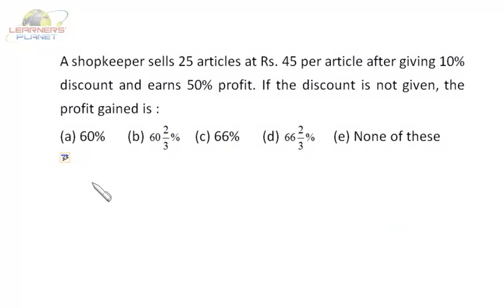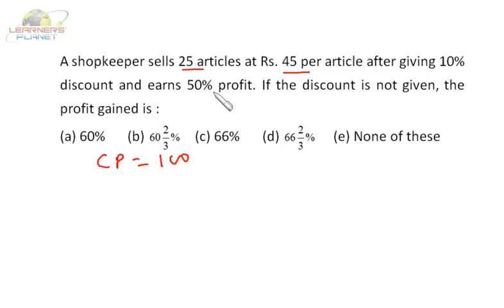Further, a shopkeeper sells 25 articles at rupees 45 per article after giving 10% discount and earns 50% profit. If the discount is not given, the profit percent is? Now friends, let's assume the cost price to be rupees 100. We don't require these data to calculate the profit percent in this case.